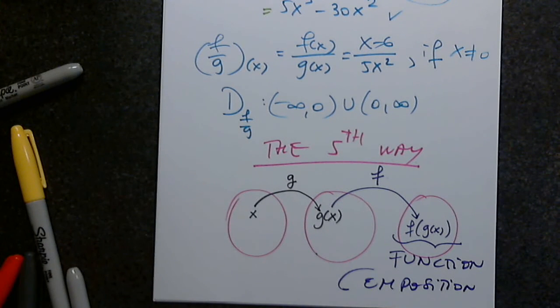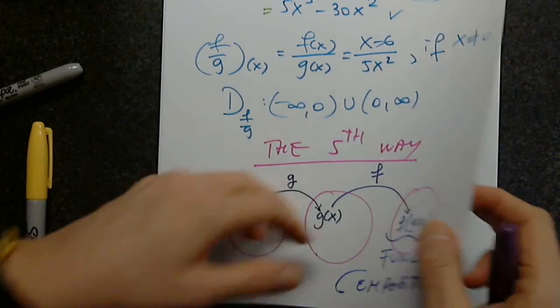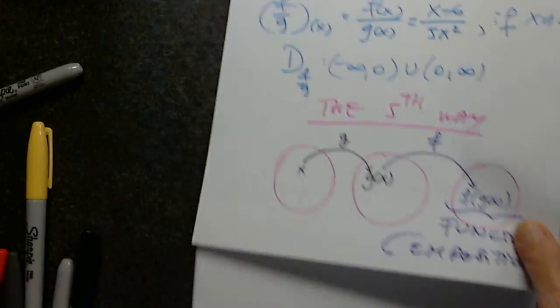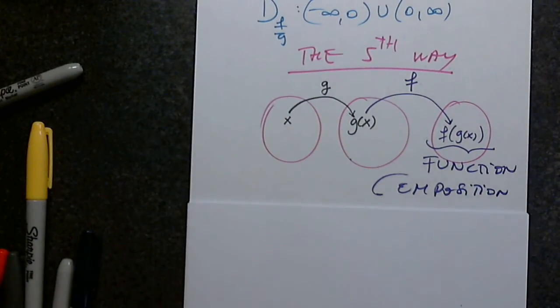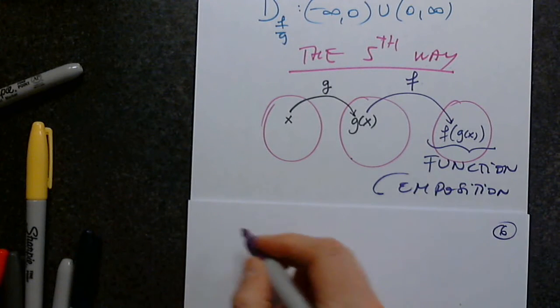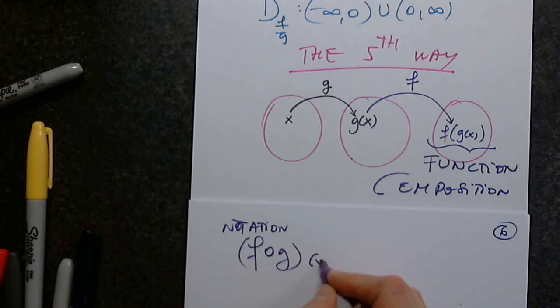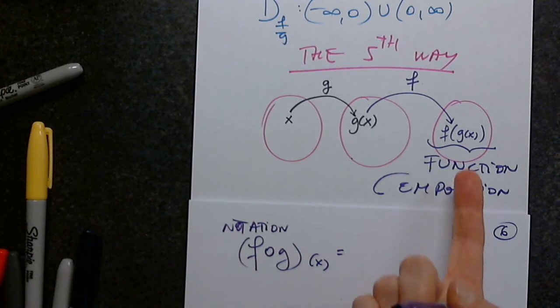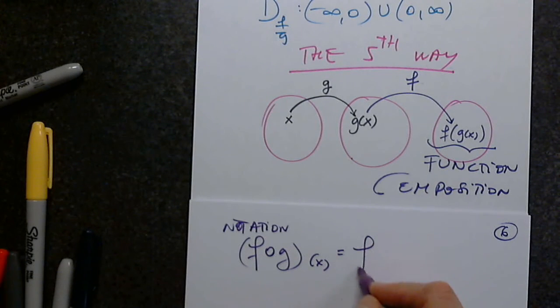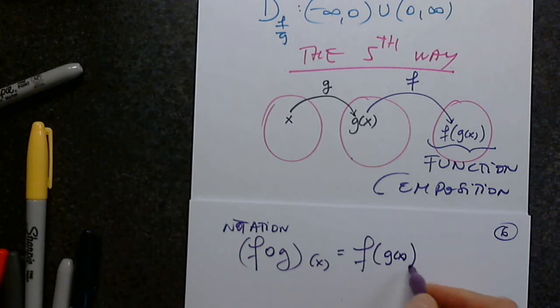Notice that we inserted a function inside another function. So this is not adding, subtracting, multiplying, or dividing functions, but a totally new procedure, totally different. Perfect. So now, here is the notation. F comp g of x, which is f of g of x.